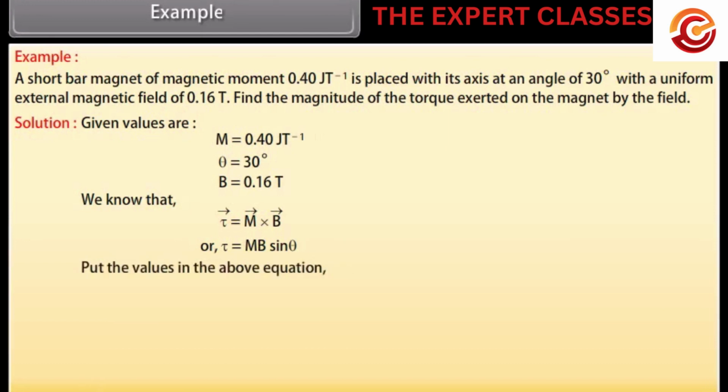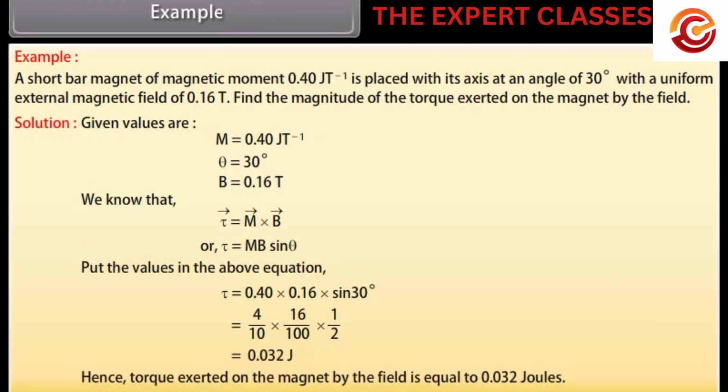Put the values in the above equation. τ is equal to 0.40 into 0.16 into sin 30 degrees. On calculating, we get the value of τ, which is equal to 0.032 joules. Hence, torque exerted on the magnet by the field is equal to 0.032 joules.